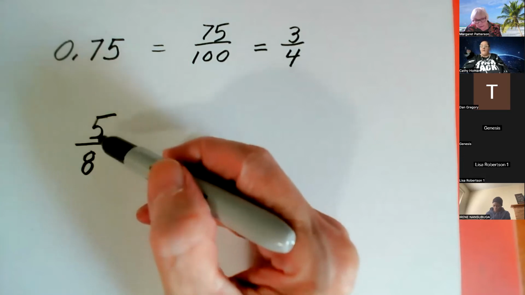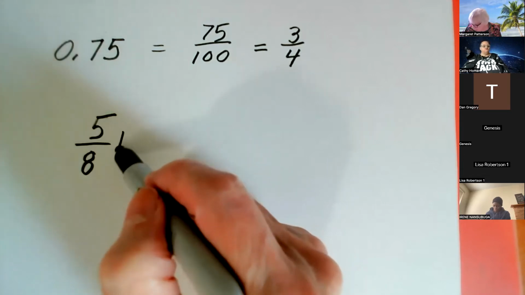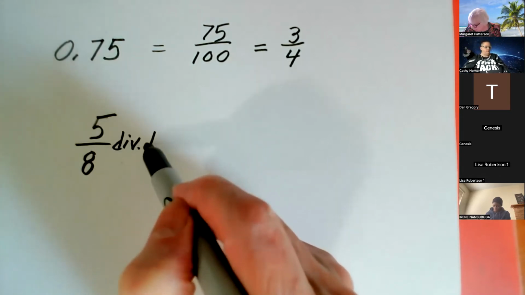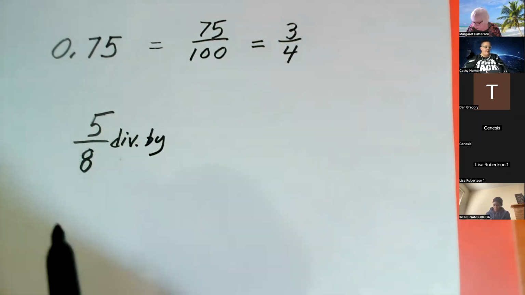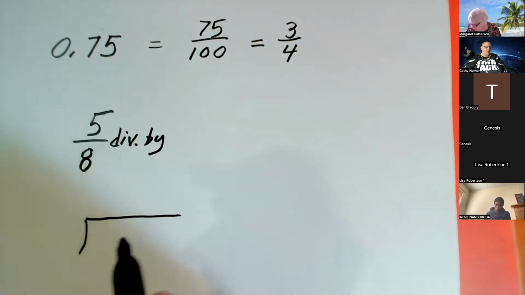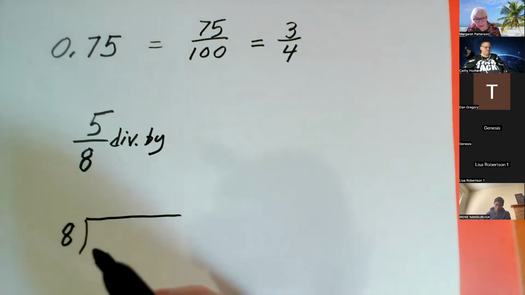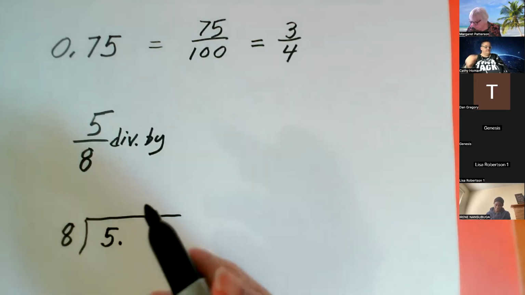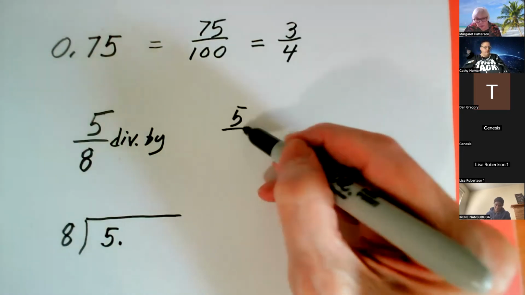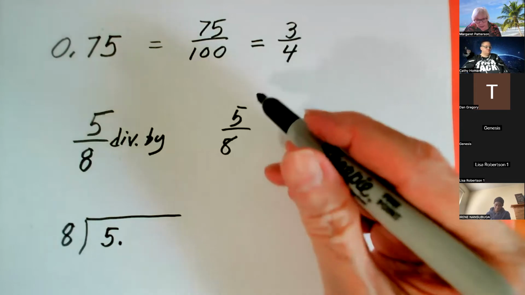This is 5 divided by 8, which means when you write it out, the 8 is out here. Don't get confused. I think I've shown this before and I don't want you to forget it.